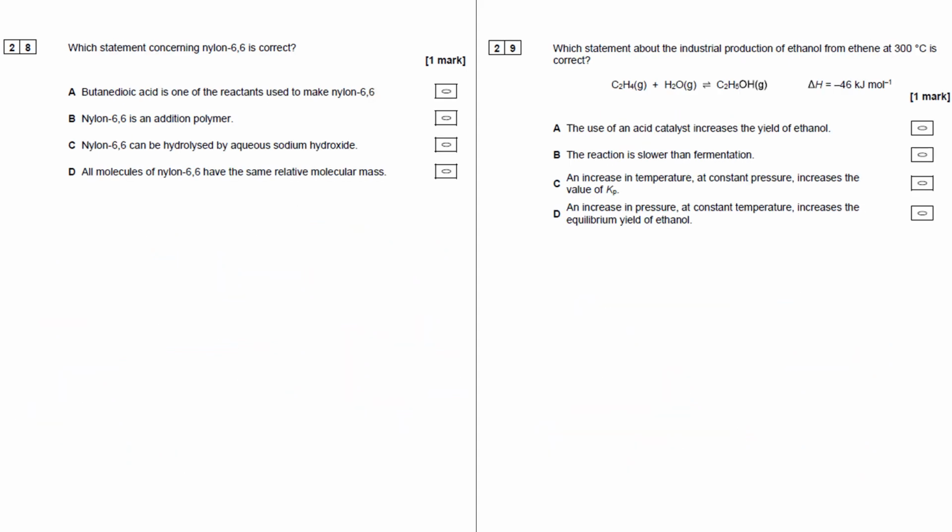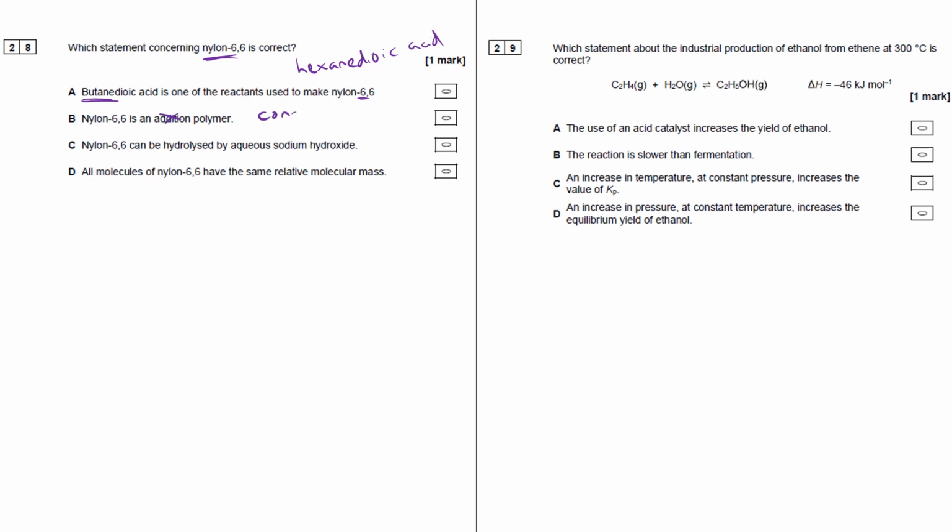Question 28. Which statement concerning nylon 6,6 is correct? This is one of the ones on the specification that you have to learn the monomers that make it up. Butane dioic acid is not one of the monomers. One of the monomers that does make it up is hexane dioic acid instead. It is not an addition polymer.